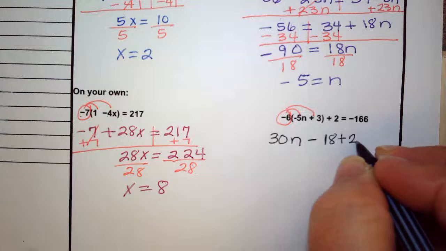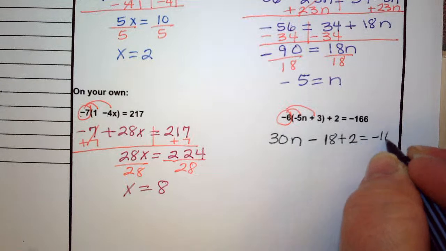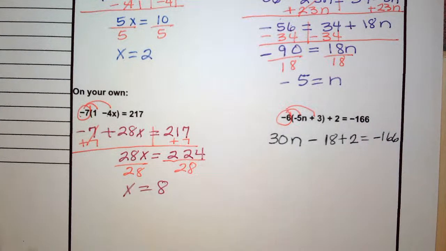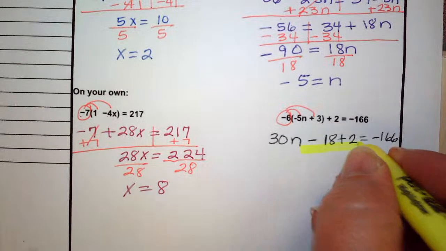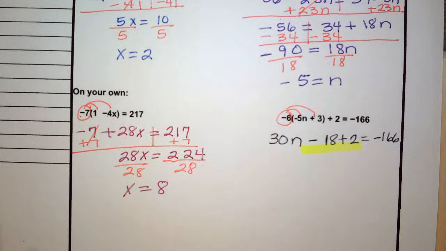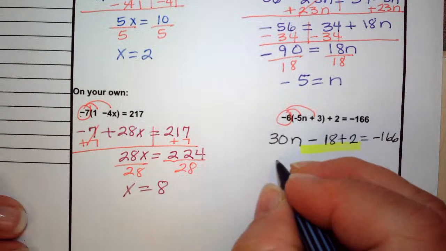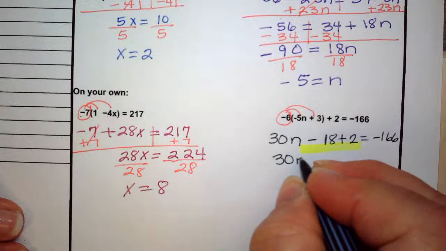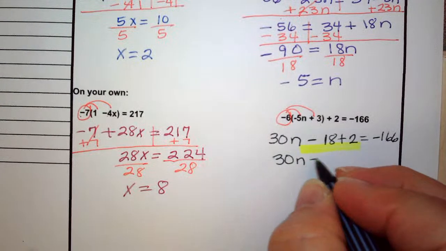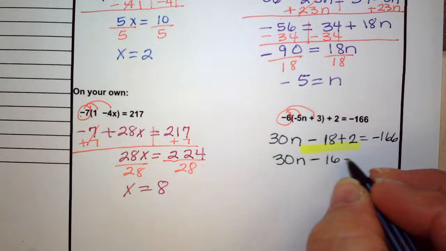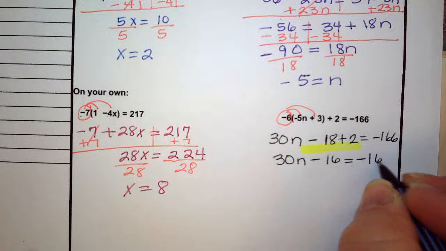Plus 2 equals negative 166. It's time to combine those like terms. 30n, negative 18 plus 2 is negative 16, is equal to negative 166.